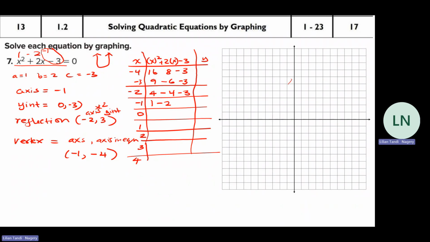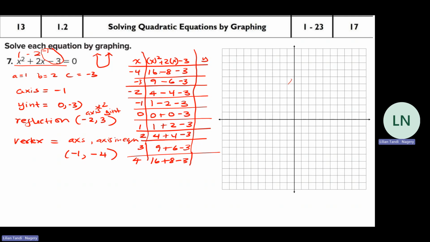This should be minus 8. Okay. Minus 3. This should be 0 plus 0 minus 3. This should be 1 plus 2 minus 3. This should be 4 plus 4 minus 3. This should be 9 plus 6 minus 3. And this should be 16 plus 8 minus 3.